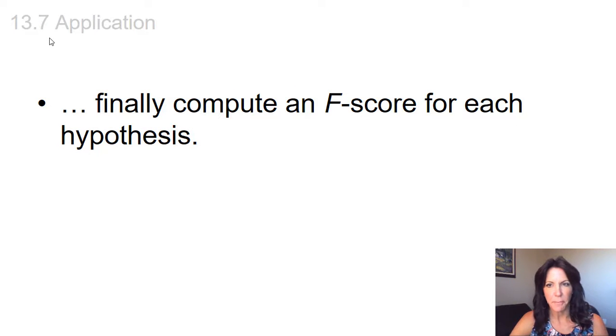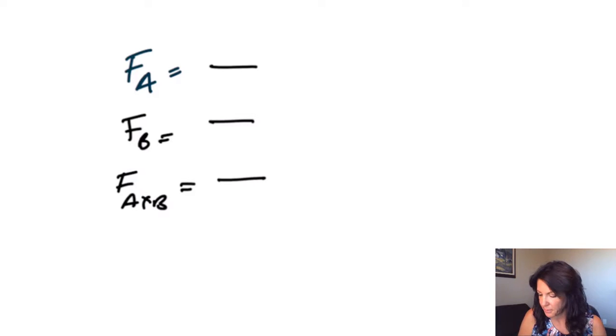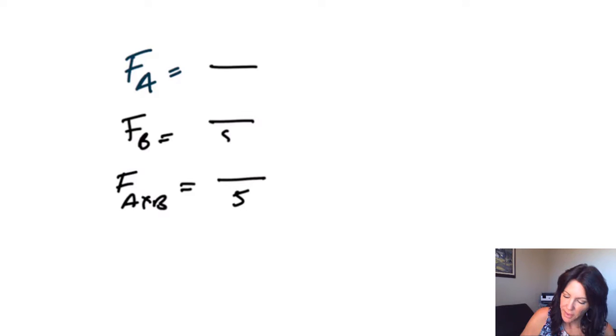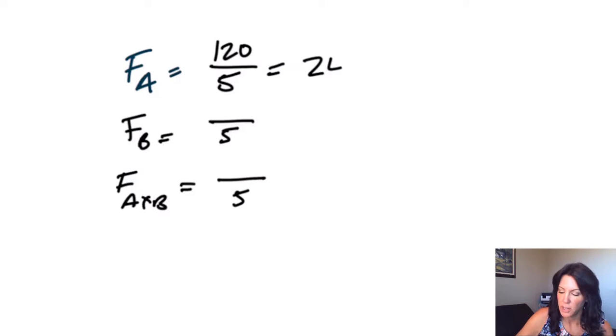So let's do that. For each of these F calculations, I know that my denominator is going to be my mean squares within. And so my mean squares within was 5, so I'm going to put that in the denominator for all of these things. Now for the numerator, for factor A, we had a mean squares of 120. So 5 goes into 120 24 times.